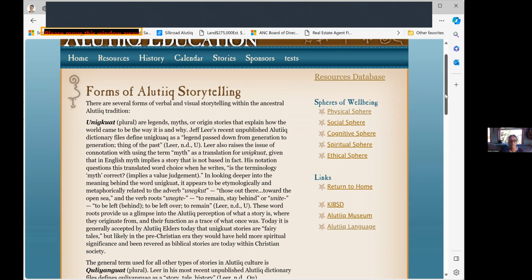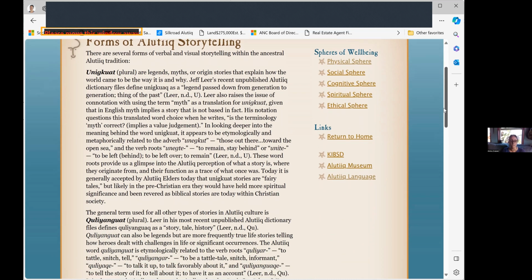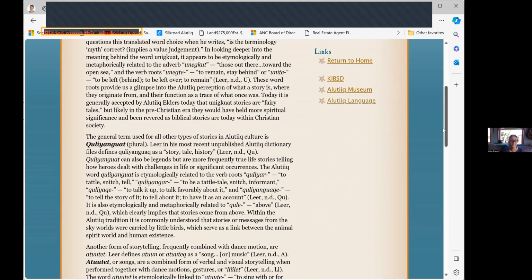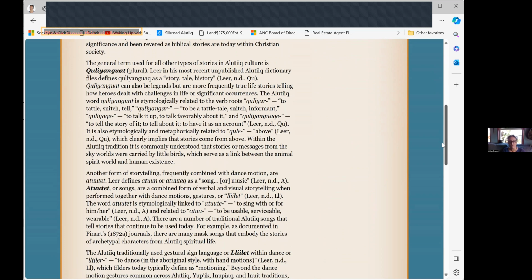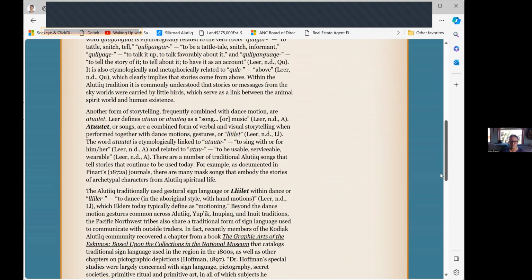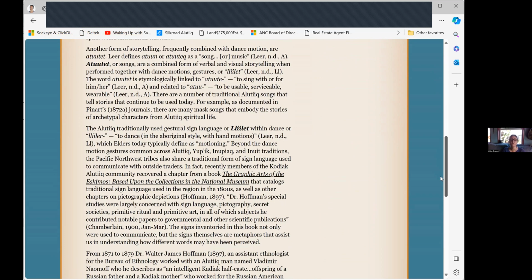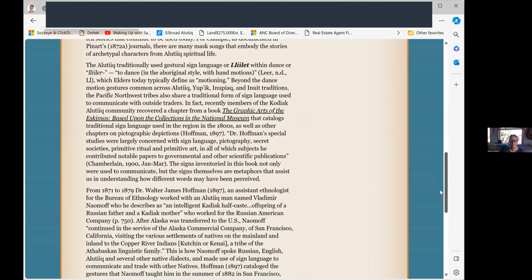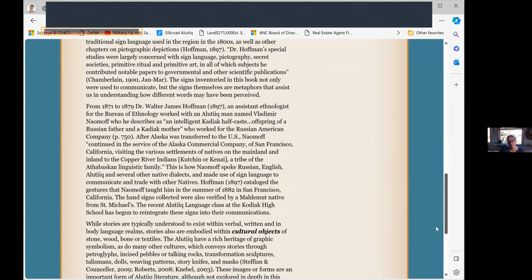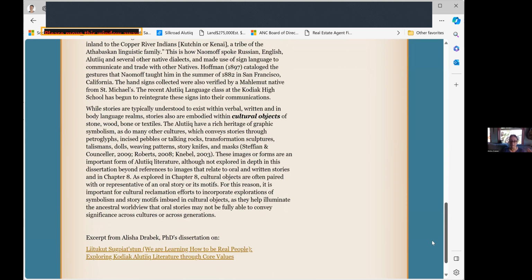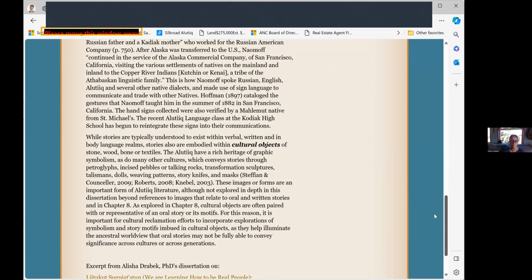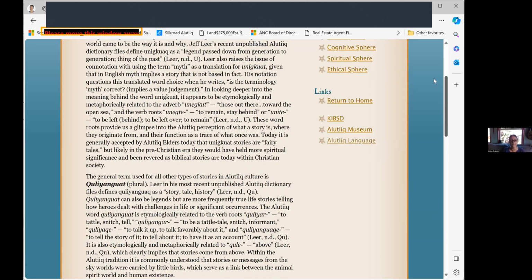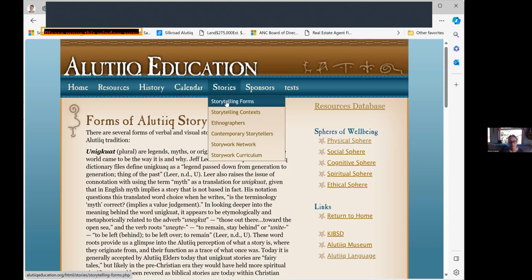We have the Uniqquat, our traditional legends. We have the hero legends, Kuliangwat, and then of course there are songs, Atutet, and dance moves, Lit, and then cultural objects like talking pebbles, incised pebbles, petroglyphs, dolls, and masks, which are stories as well. So I talk about those as forms.